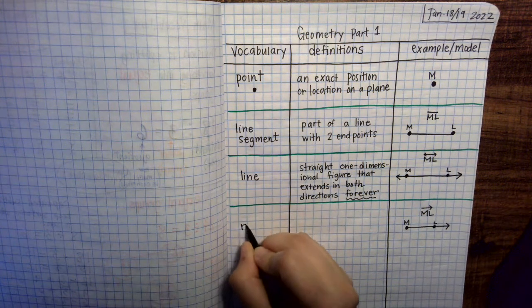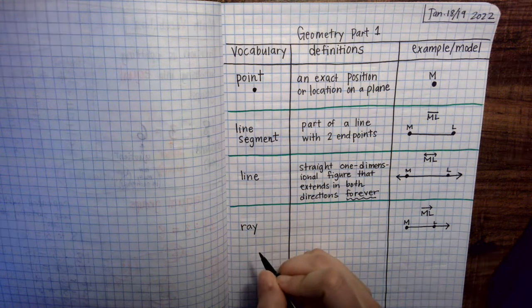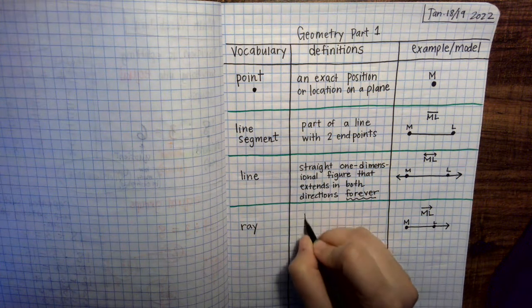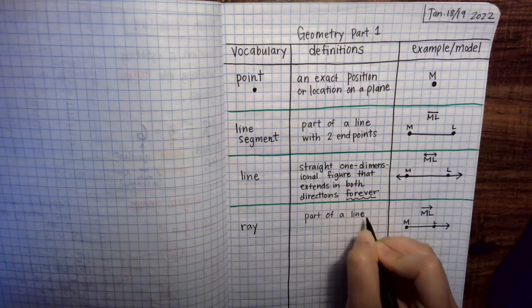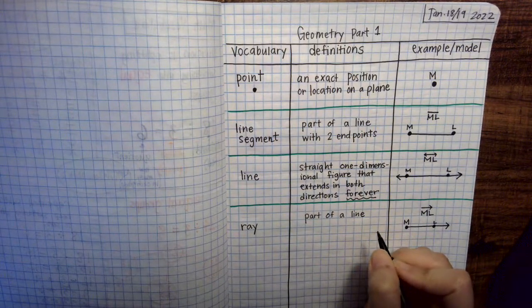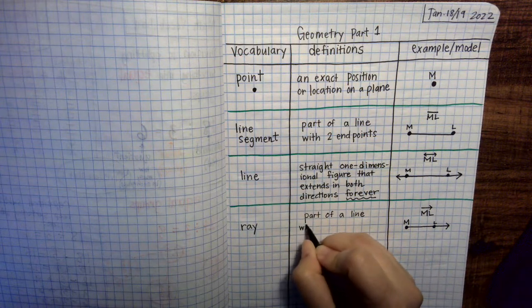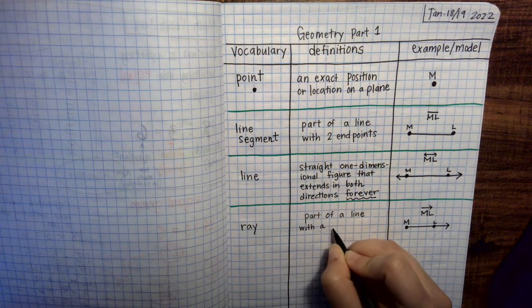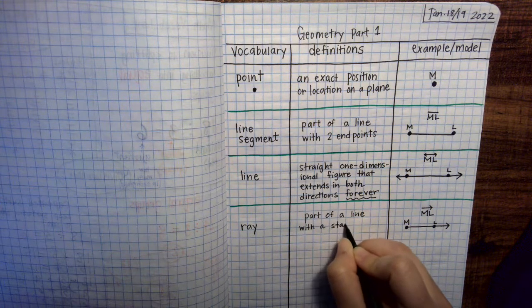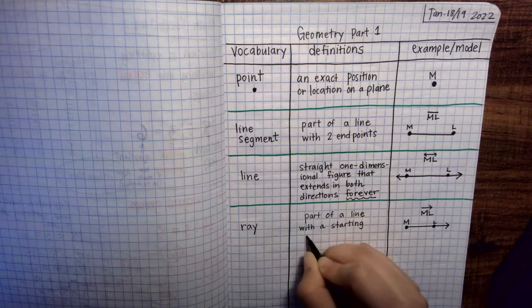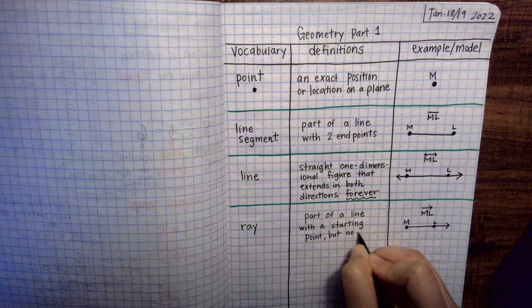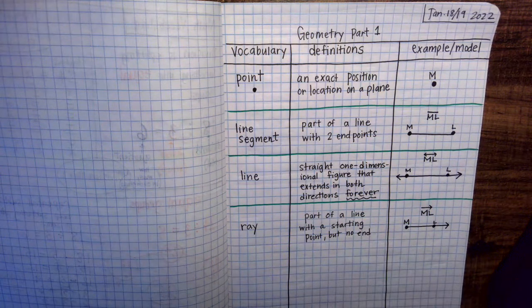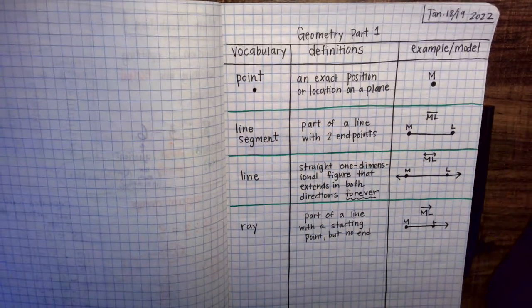Okay, so that's a ray. A ray is part of a line, so it's part of a line with a fixed starting point, but no end.